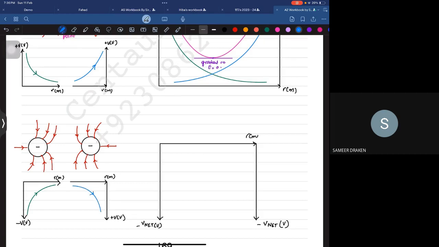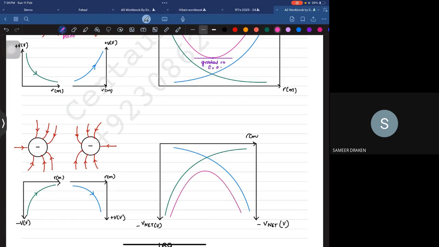Which means that if I draw these two, one's going to look like that, the other one is going to look like this. And if you combine both of them, the net result is going to be like that.